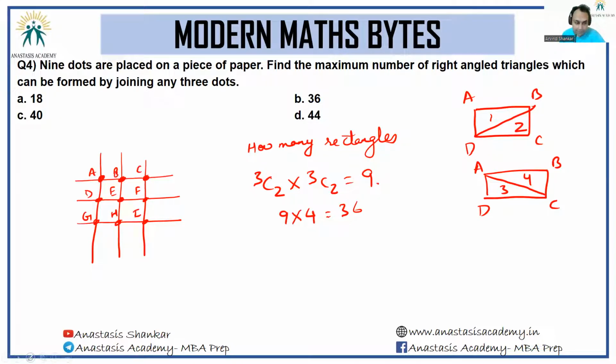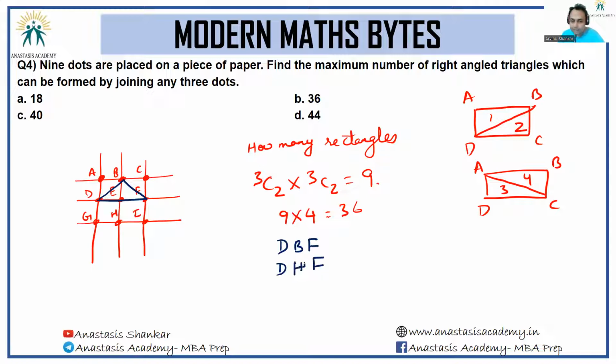See, the next level of working would be, can you see, this will also be a rectangle that gets created. You will also have a rectangle D, B, F. And if you are able to make D, B, F, can you also make D, H, F?